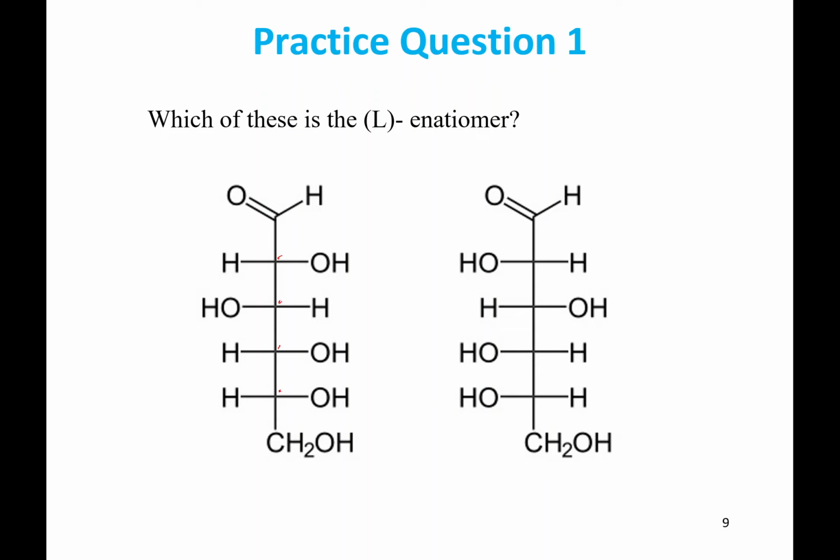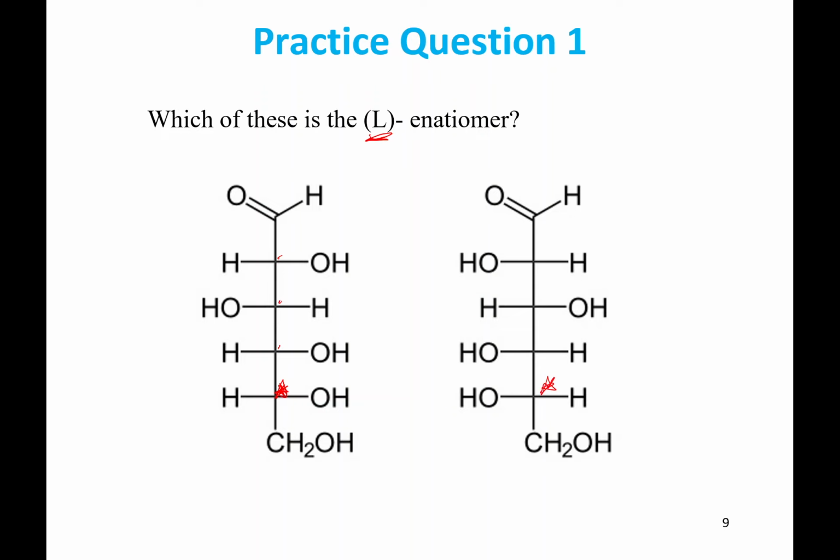But really, when we're using that term D or L for these sugars, we're talking about the hydroxyl group, or I should say the stereocarbon that is furthest from the carbonyl. So that's going to be, when we're looking at this, that's going to be this carbon. Okay, so those two carbons are where we need to look.